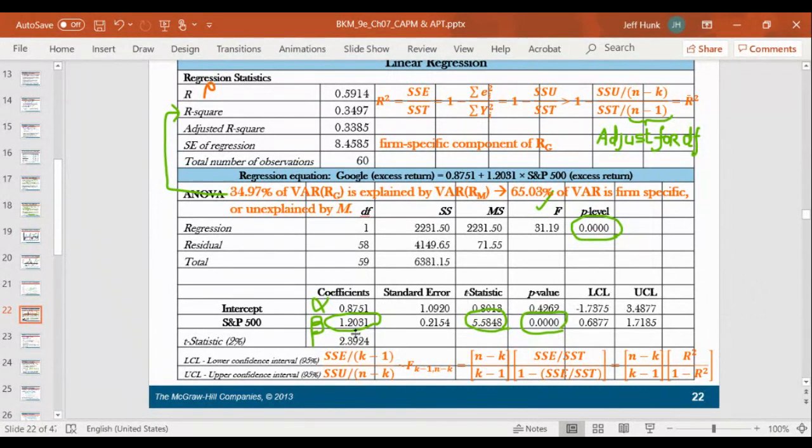That means if this estimate obtained from regression falls there, it is significantly different from zero. In other words, think about it.